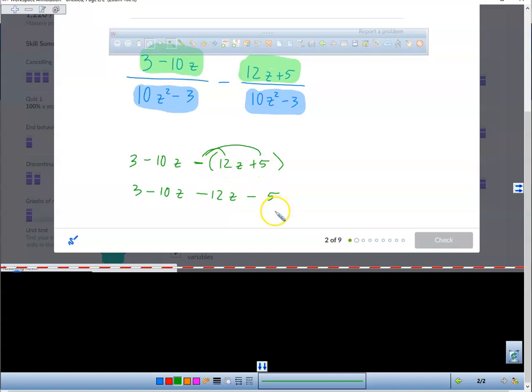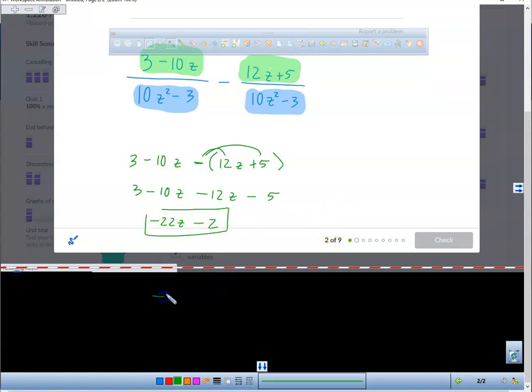So let's combine our like terms. How many z's do we have total? Negative 22 z's. And then we have a 3 minus a 5. And what's 3 minus 5? Negative 2. All right. Now, this is what's going to go up there in the numerator.